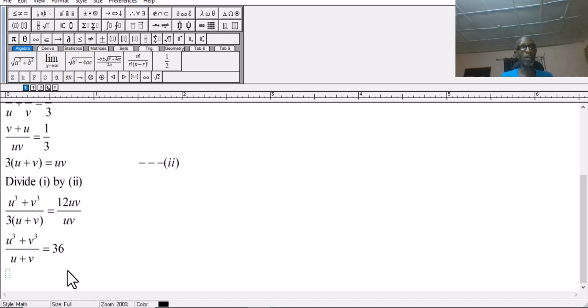Now I need to make us understand this concept, this identity called u cubed plus v cubed.